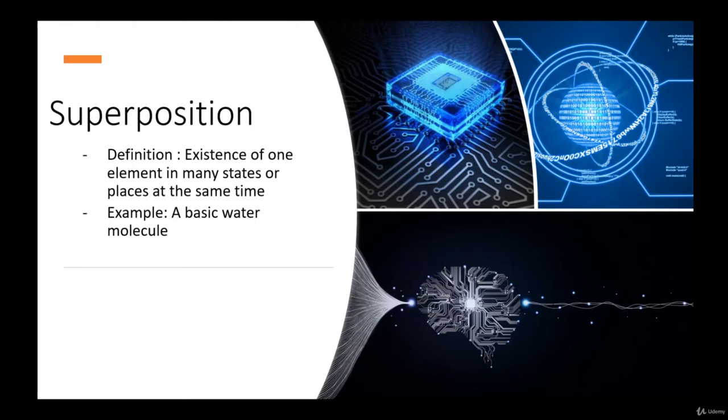All right. So the first element that we are going to talk about today would be superposition. That's the first property that is really important in quantum computing. When we are talking about superposition, what we need to understand is that this concept is not like gravity.